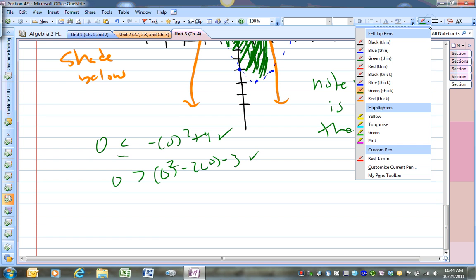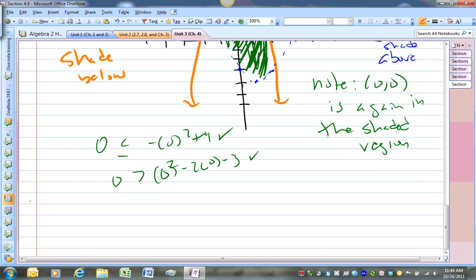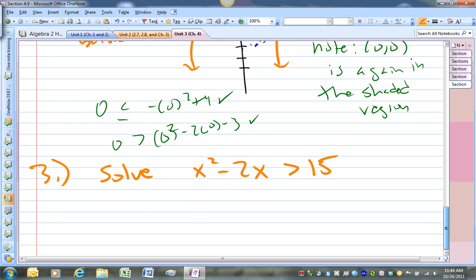This is our last example, number 3. Here we want to solve x squared minus 2x is greater than 15. So I would solve the same way as before.